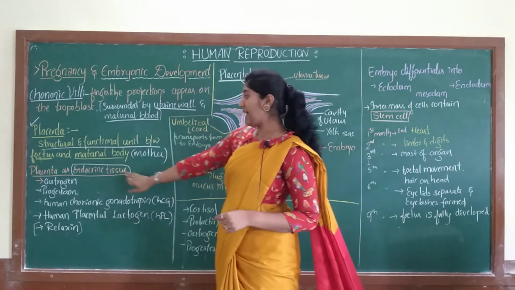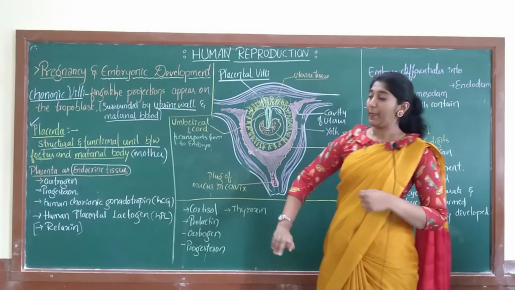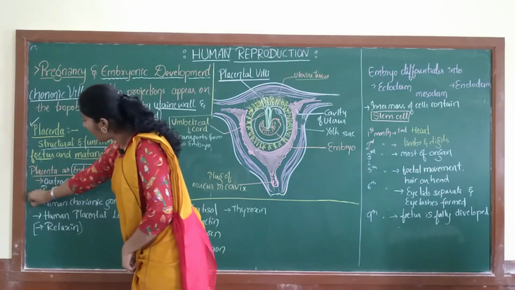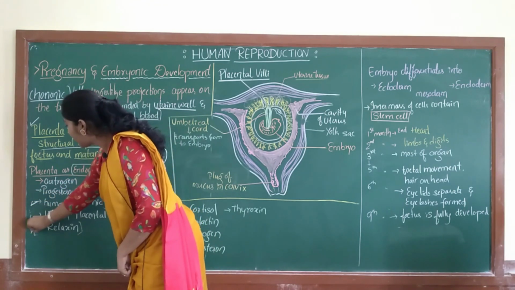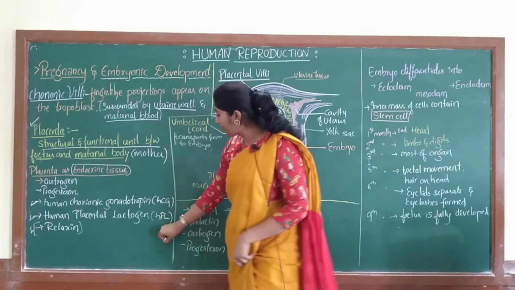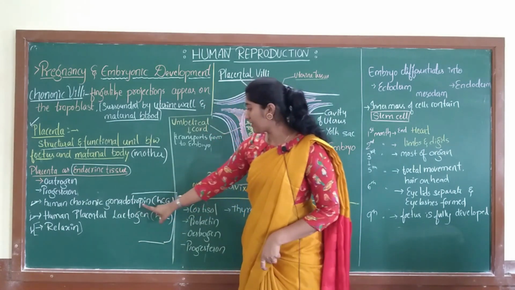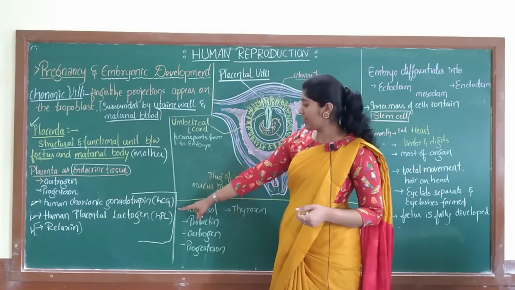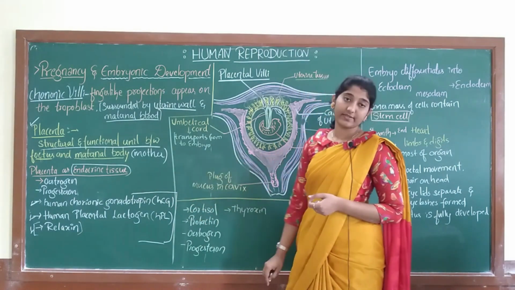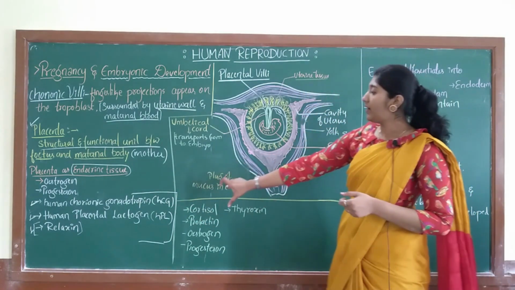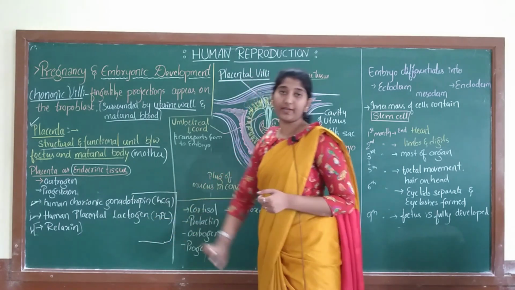These are very essential during pregnancy, and mainly the last three hormones are produced only during pregnancy: HCG, HPL and relaxin. These three are produced during pregnancy.